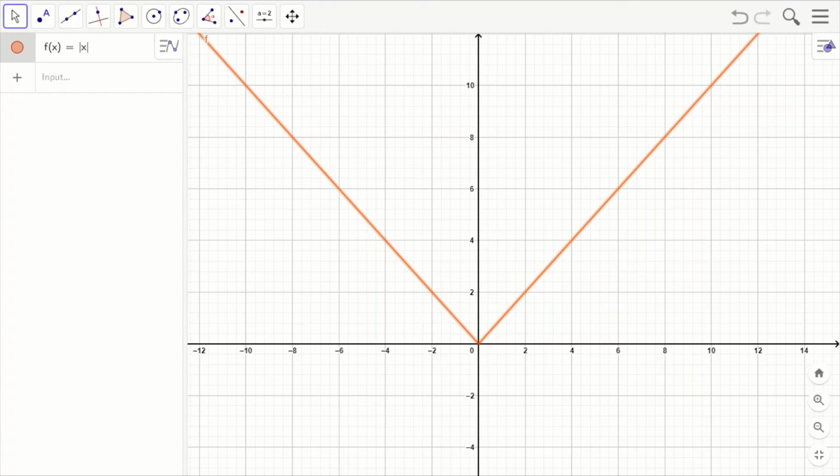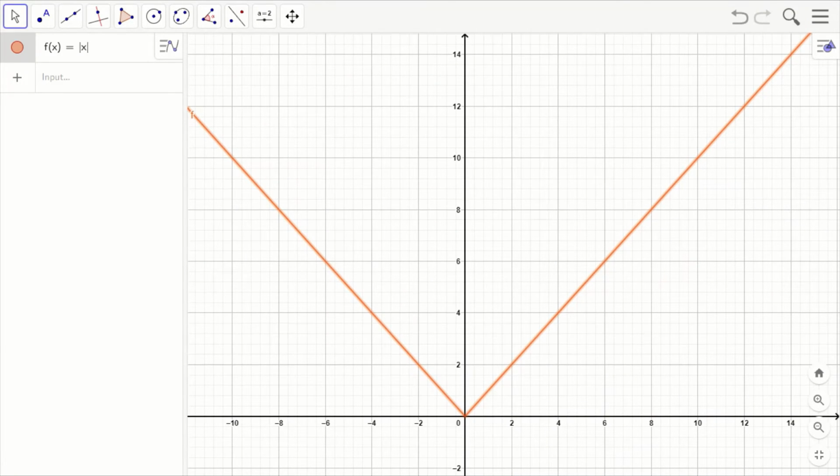So it is all above the x-axis, whether x is negative or positive. If x is 2, the absolute value is 2. If x is 4, the absolute value is 4. If x is 1, the absolute value is 1. So this is the graph of the absolute value of a given number.